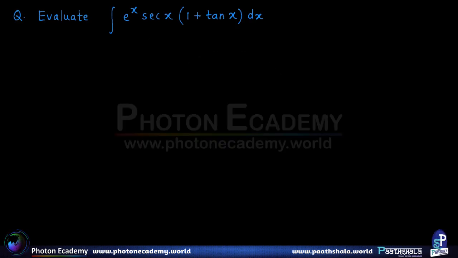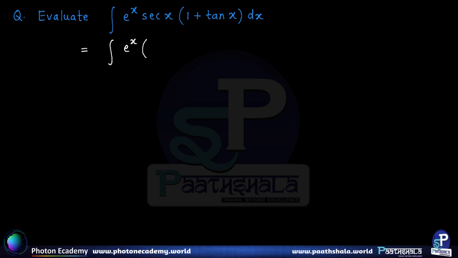Here we have to integrate e raised to x sec x into 1 plus tan x. Now here, comparing with the standard form, we must have e raised to x as the term outside, and the function and derivative has to be adjusted inside. So suppose we multiply the terms inside the bracket by sec x, we will get sec x plus sec x tan x.